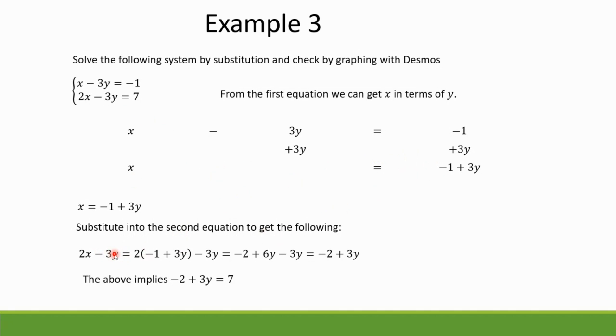But we know what x is in terms of y, so we have 2 times (negative 1 plus 3y) minus 3y. If you distribute the 2, you get negative 2 plus 6y minus 3y, which is negative 2 plus 3y. And now the second equation was equal to 7, so we have negative 2 plus 3y equal to 7.